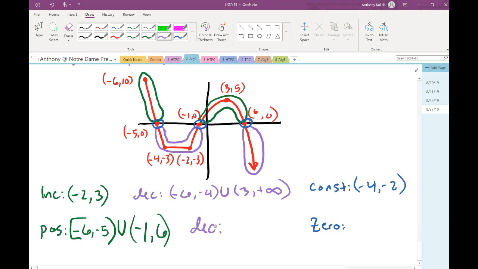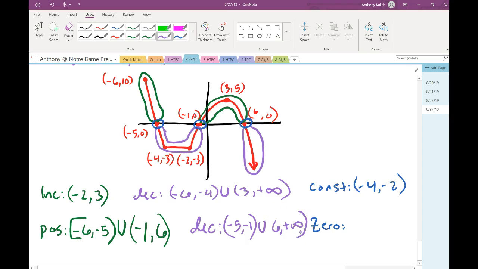My decreasing, the first section begins at -5 and ends at -1. Again, both of those points, -5, 0, -1, 0, are on the x-axis, so those don't count as decreasing points. And then my second section begins at +6 and includes the right-hand arrow, so that goes to positive infinity.